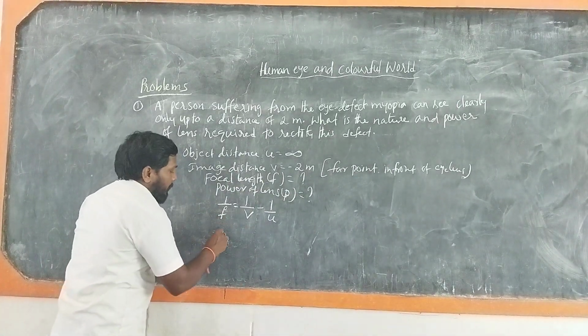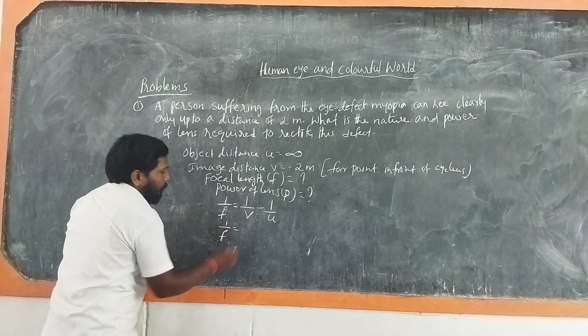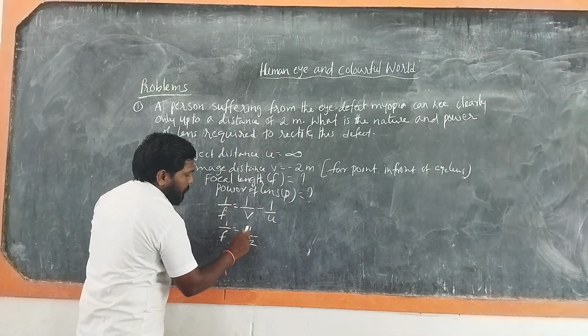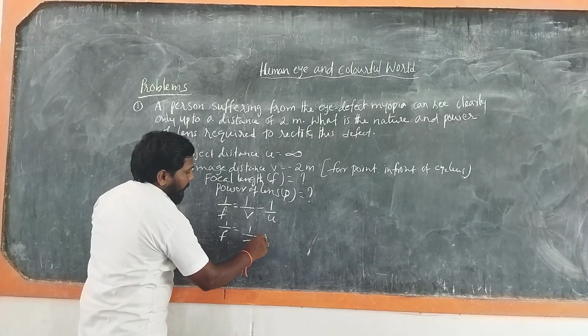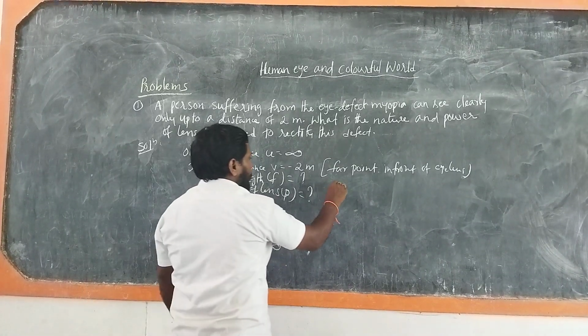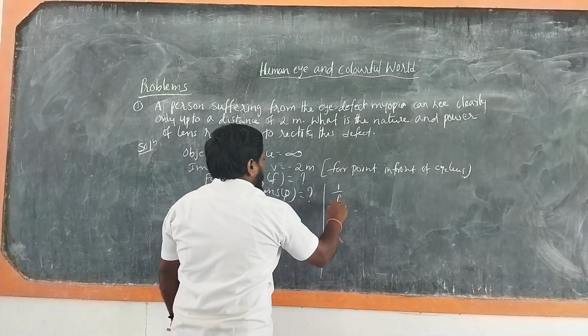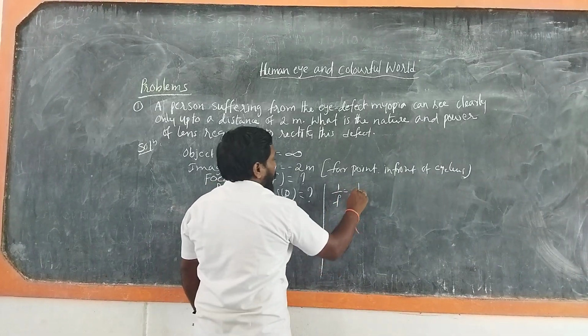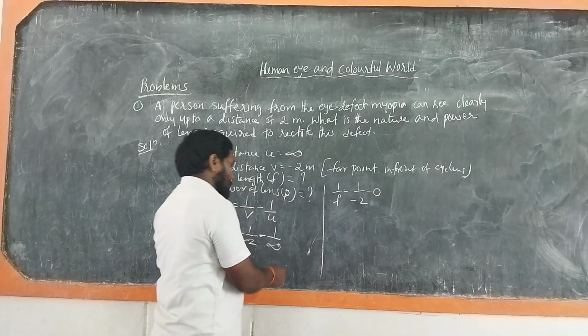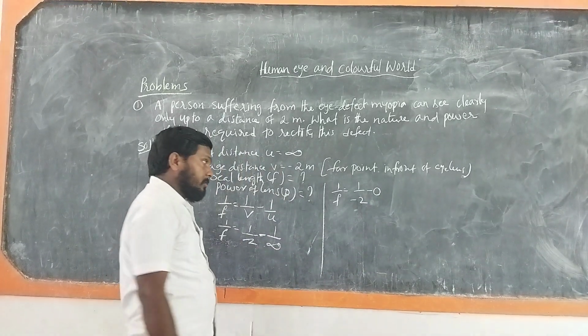So substitute the values. 1 by f is equal to 1 by v minus 1 by u. So 1 by f is equal to 1 by minus 2 minus 1 by infinity, because 1 by infinity is equal to 0.